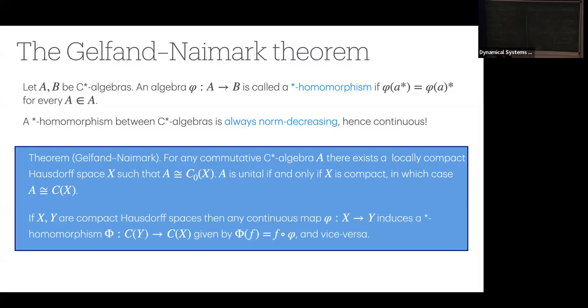And if we have compact Hausdorff spaces, X and Y, and a continuous map phi between them, we always induce a star homomorphism from C of Y to C of X, given by precomposition with the map phi, and vice versa. So any star homomorphism between commutative C-star algebras will also give you a map of the underlying spaces X and Y.